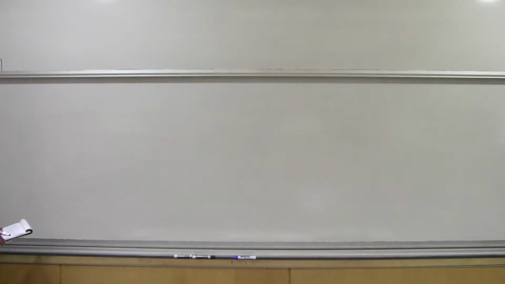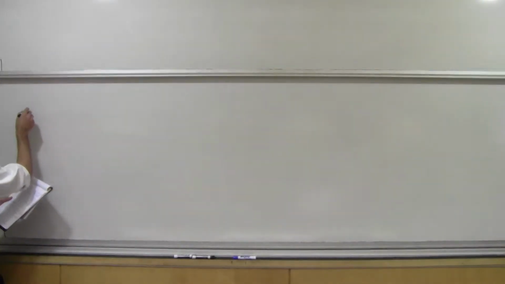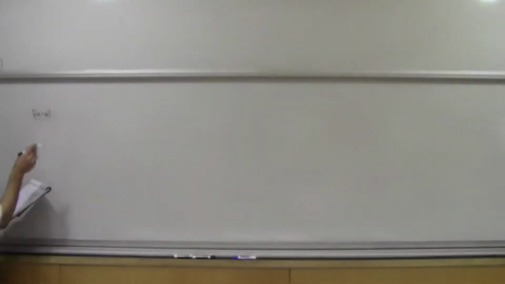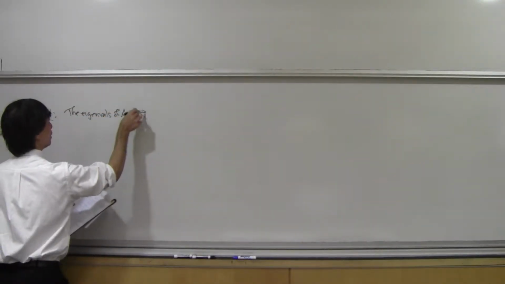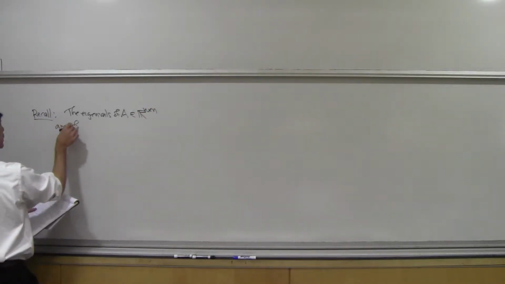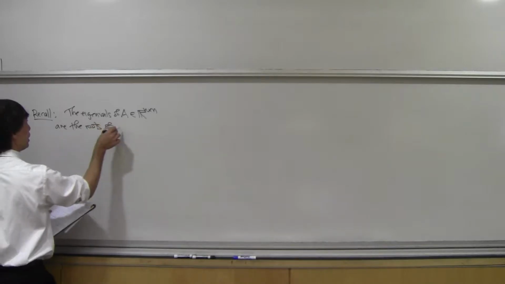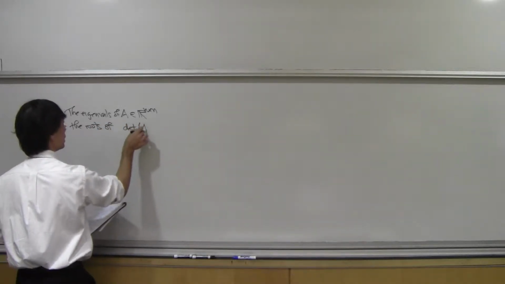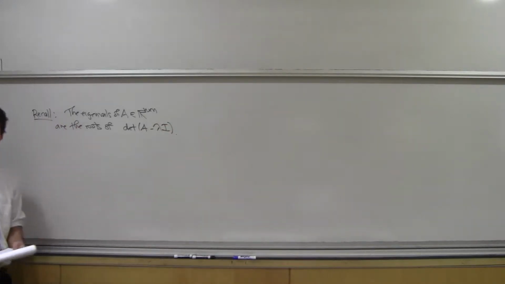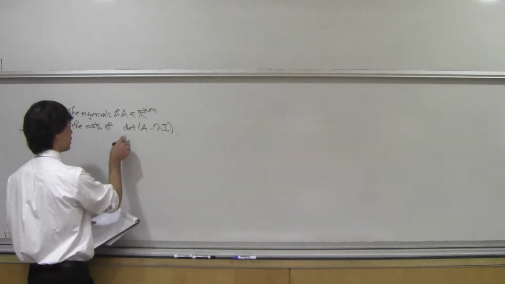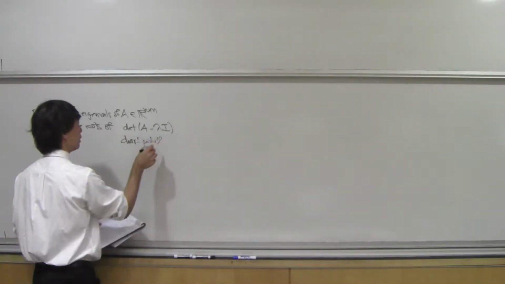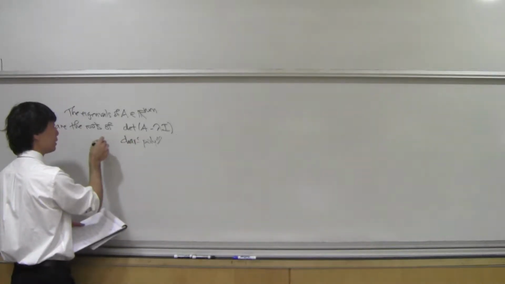Okay, so let's start off. I'm just going to write a little bit of what we just said: the eigenvalues of a square matrix are the roots of the characteristic polynomial, which is the determinant of A minus lambda I. Notice that this characteristic polynomial has degree n.